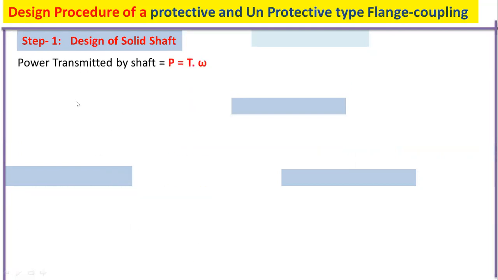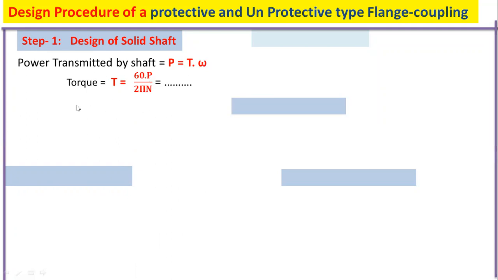Here, already we know that power transmitted by the shaft, solid or hollow, power P equals torque into angular velocity. From this equation, mean torque equals 60 P by 2 pi N, since omega equals 2 pi N by 60. From this equation, you have to find the value of mean torque.